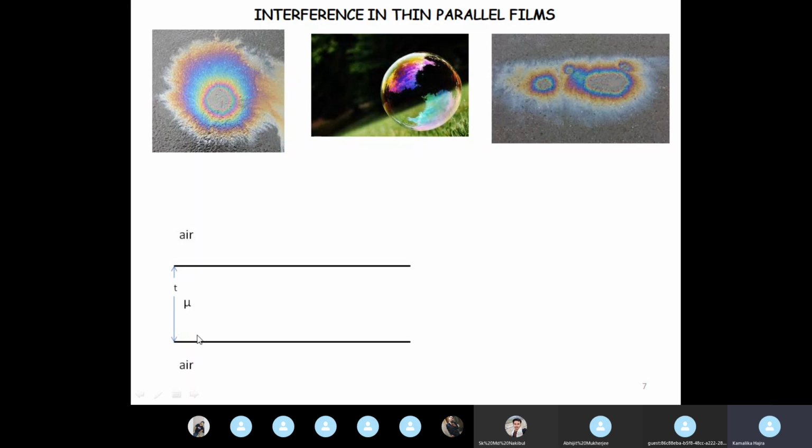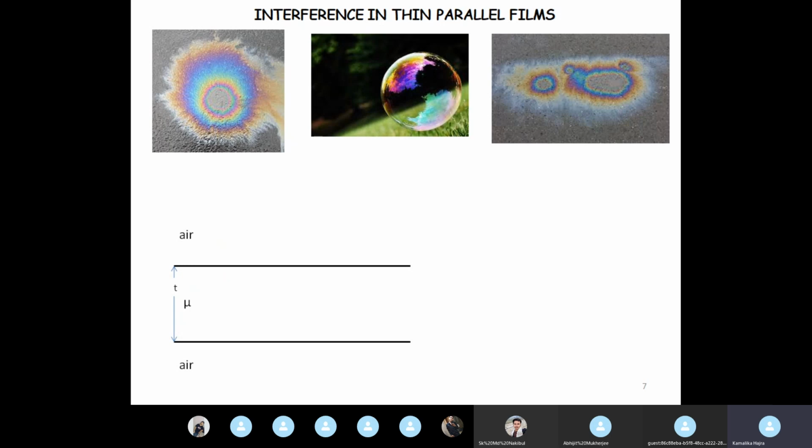For simplicity we'll consider that this medium of refractive index mu is flanked by air on both sides, and it has a small thickness t. It's a parallel film, so the thickness is the same throughout, wherever the film continues. Okay, and t is very small, which is why we call it a thin parallel film.